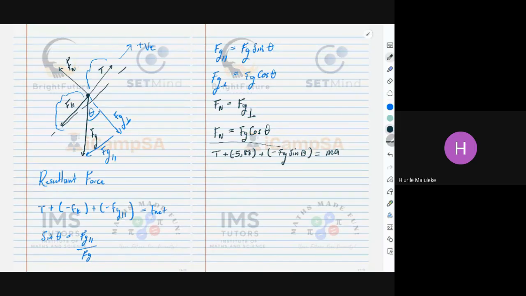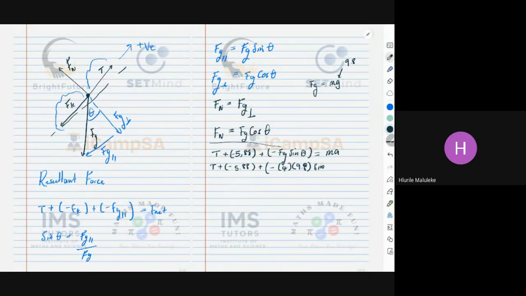Equals to MA. So we can say T plus minus 5.88 plus minus Fg is equal to mg. G is 9.8, so this is a 4 kg, which is m times 9.8.